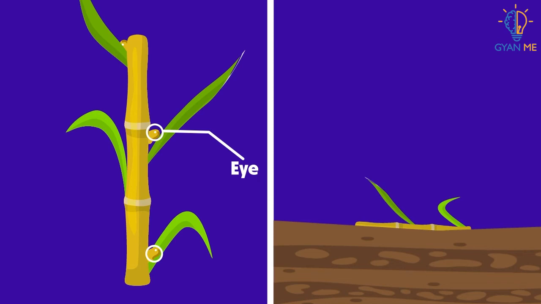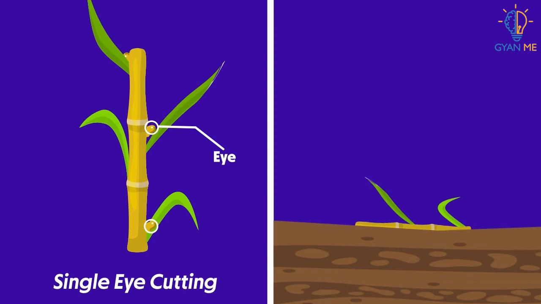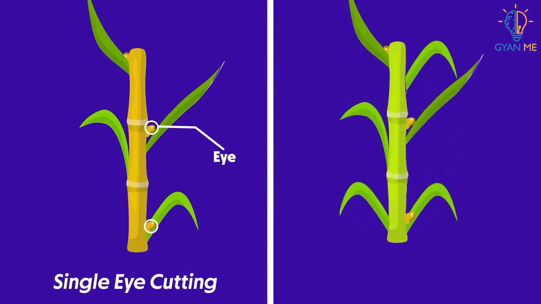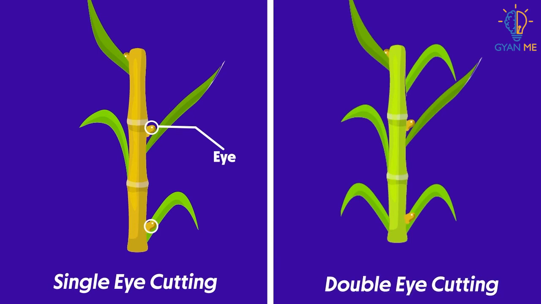Sometimes the stem may have a single eye as cutting. Observe that here there is a single leaf on each node, specifically at alternate nodes, and thus it is a single eye cutting. And sometimes the stem has a double eye, that is, there are two leaves placed oppositely at each node, and this is called double eye cutting.